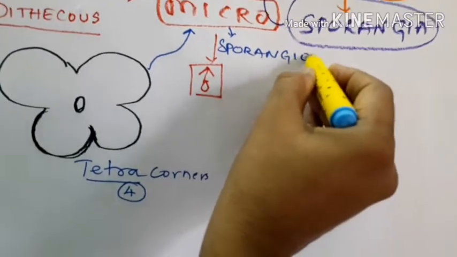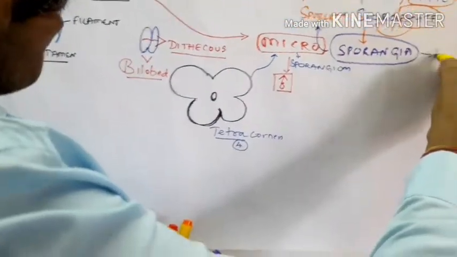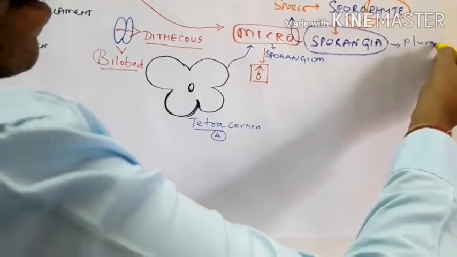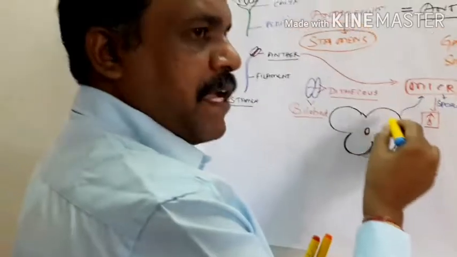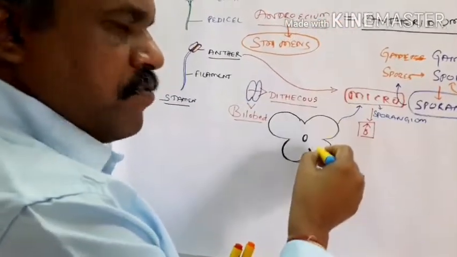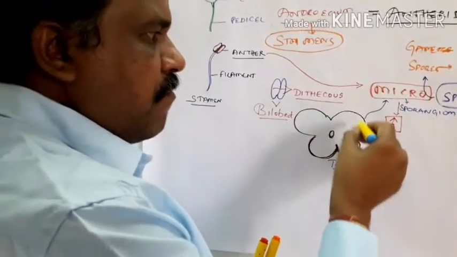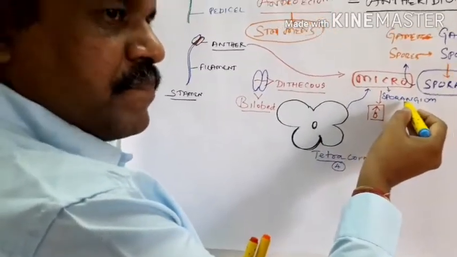I told you the anther is a microsporangia; sporangia is the plural word. So it has a group of microsporangium. How many microsporangium do we have? Four. Each lobe has two, so four are present here.